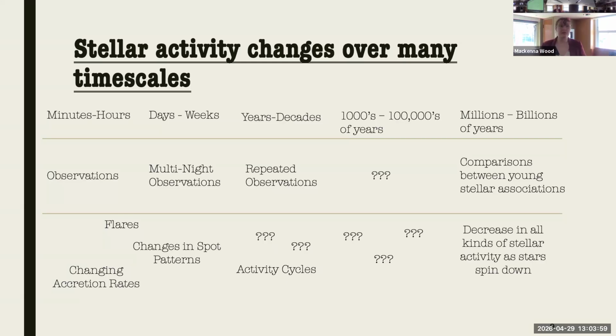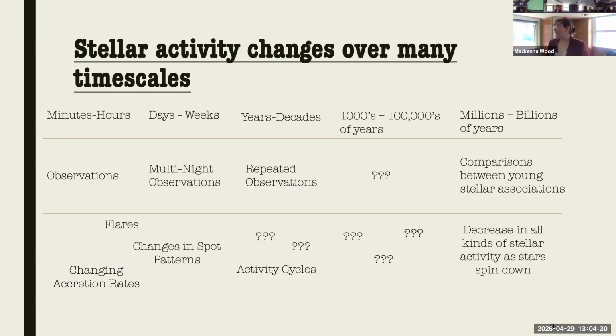Observing stars, particularly in multi-wavelength observations over years and decades, is something that we're sort of just getting to the decades mark there. We're just being able to have looked at stars for 20 years in X-ray. And so we're starting to see patterns there. Activity cycles like the one on our sun have been detected in a number of other stars, but there are still a lot of question marks because we are really just getting to that point where we can look at decades of data in multi-wavelengths.